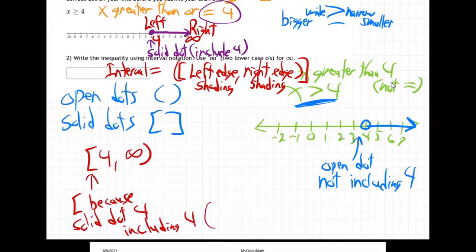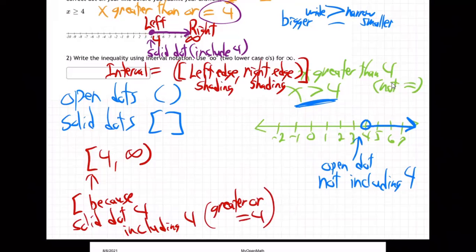It's greater or equal to the 4, right? Let me write that a little bit better. Greater or equal to the 4. So if you're equal to the 4, you're straight on the 4. You have a solid dot at 4. You have a straight bracket.